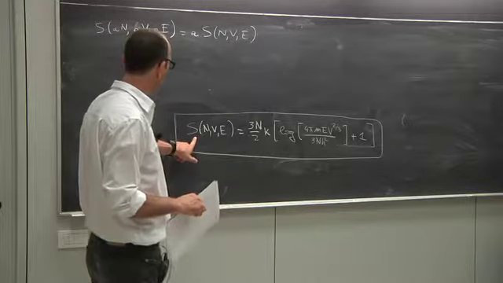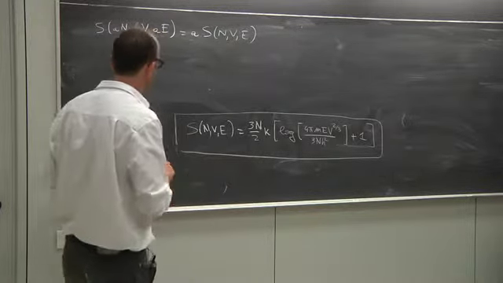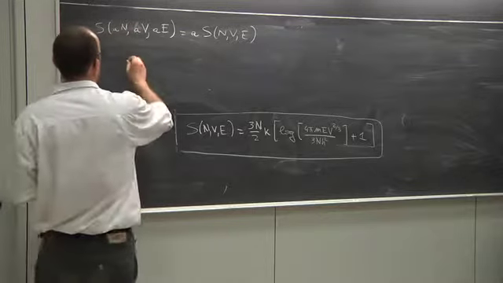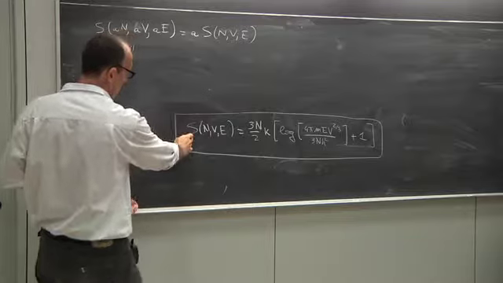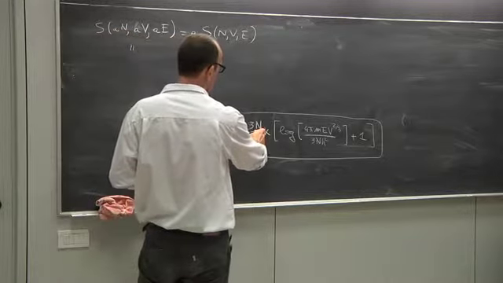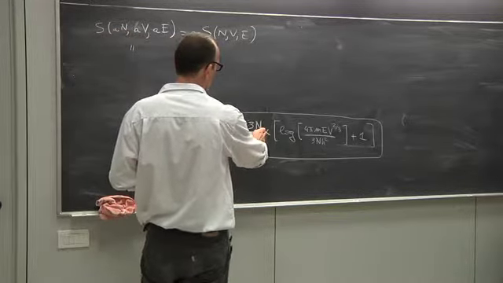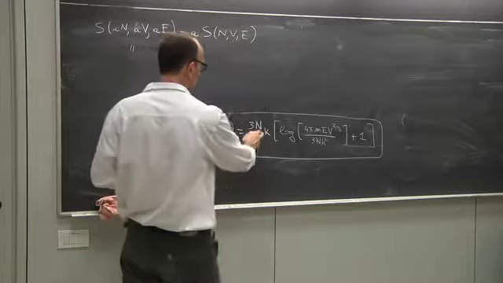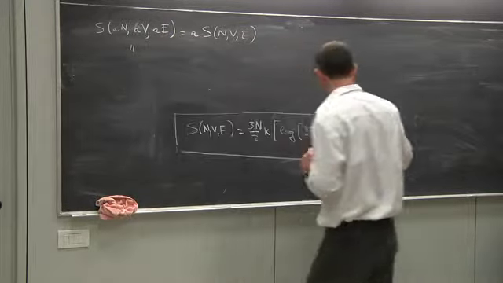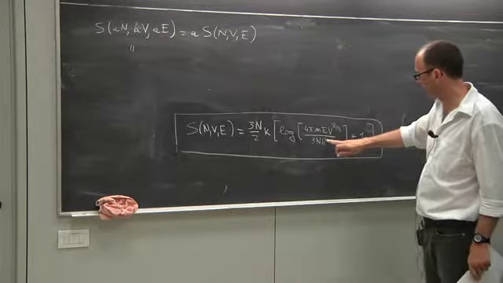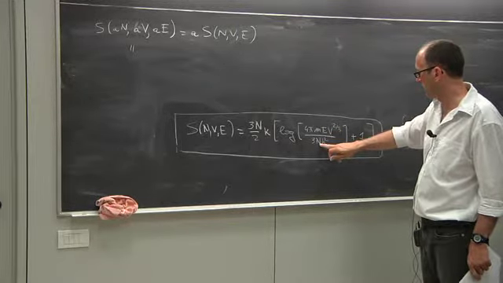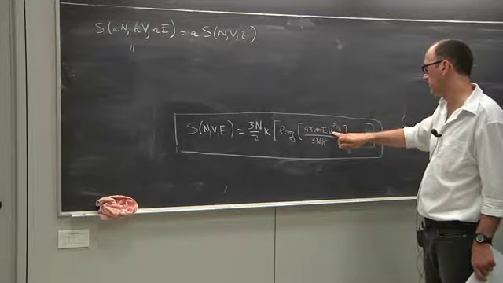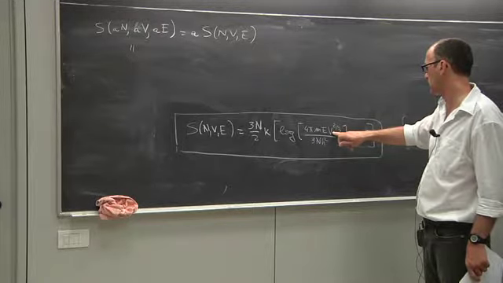Now, you see from here that if you compute this, the A which comes from here cancels with the A which comes from here, but there is an A which arises here which does not cancel.